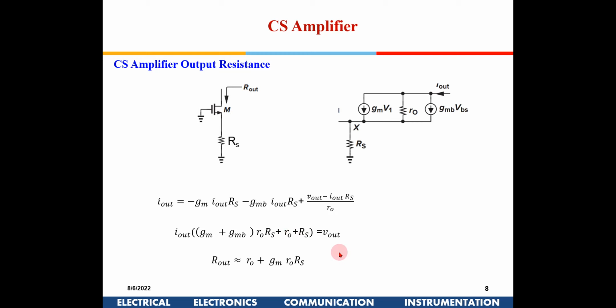Sir, if we don't derive this R out, can we look at the circuit and see whether the R out of the circuit will increase or decrease? Yeah, whenever there is a transistor here, it will be R0.